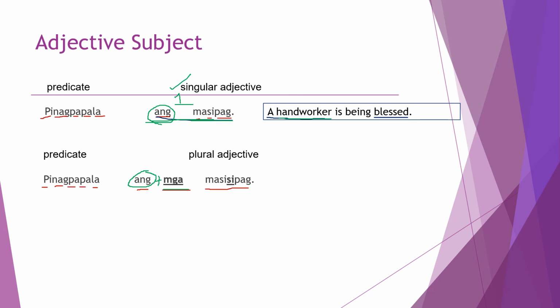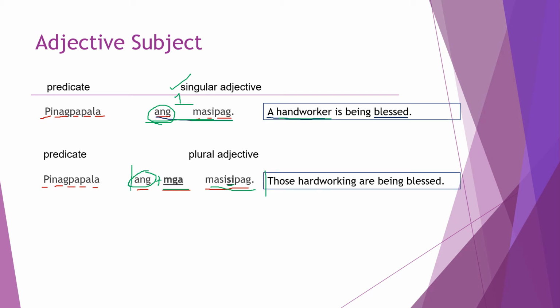And aside from masipag, which is hard worker, there's an addition of one syllable, si, making it masisipag. Ang mga masisipag translates to those hard workers.